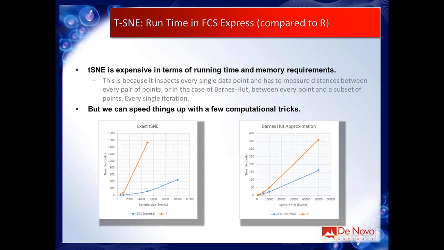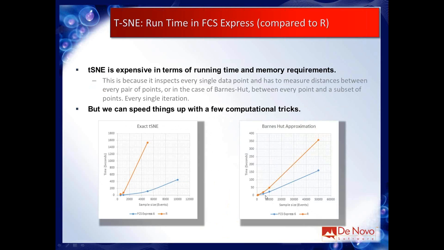So here's the last slide on running time. You can see this is the time in seconds. The red line here is the R implementation of tSNE from the package tSNE. The blue line is our FCS Express version. We've done a few optimizations with threading, data management, and memory management that help us out a little bit.